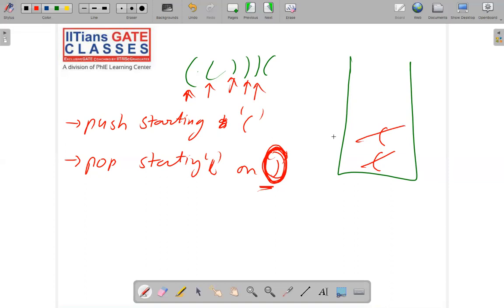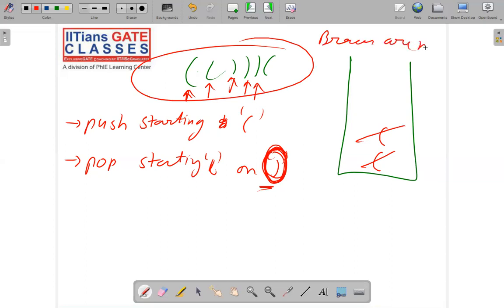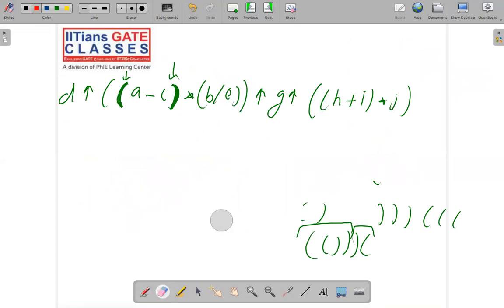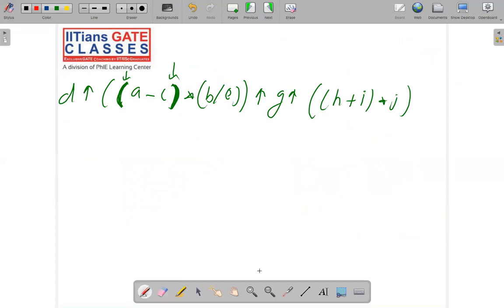If there is no starting brace, we can say that this is invalid. Braces are not in a balanced state. This expression is invalid using braces. Okay. So we are assuming that we have a valid expression in the case of this infix to postfix evaluation using braces. Okay. What does the stack do?